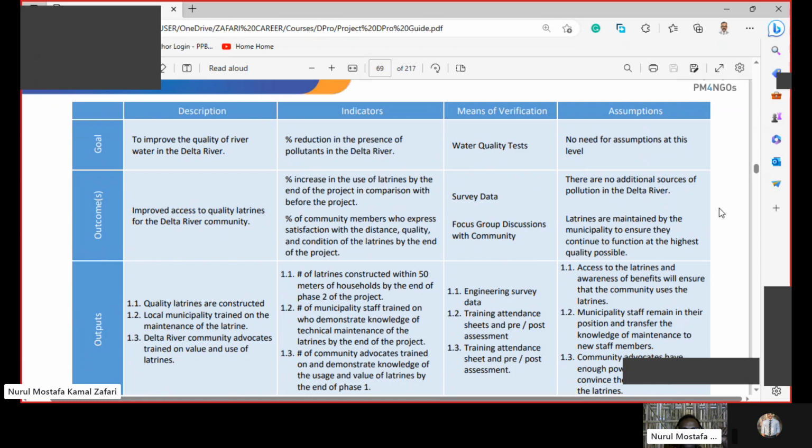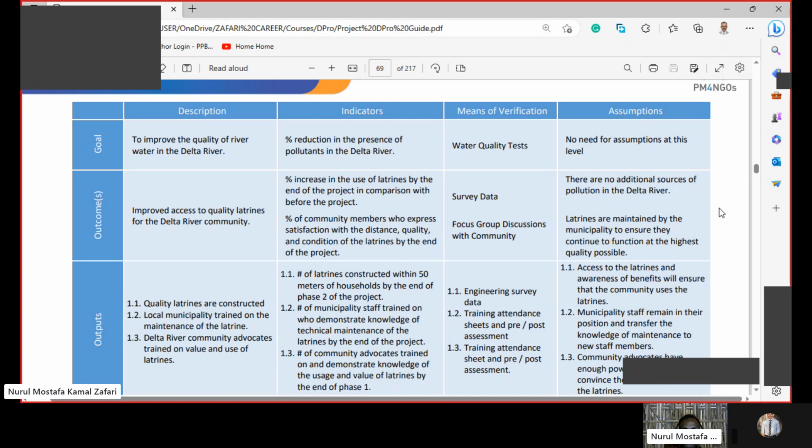Now, we set three objectively verifiable, measurable indicators. Number one indicator is the number of latrines constructed within 50 meters of households by the end of phase 2. So we have the distance, the number, and when, the time.